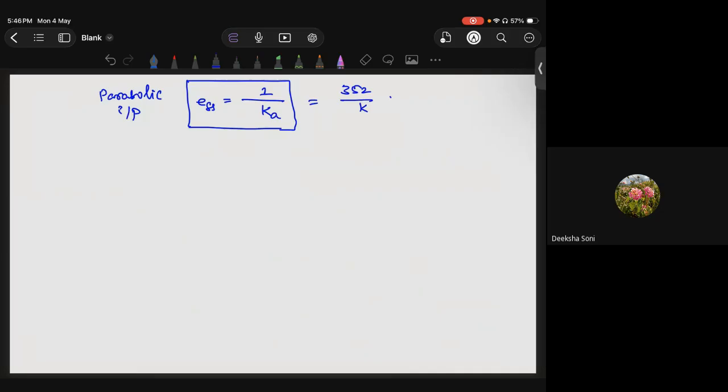Which is equivalent to ESS. ESS is given as 0.025, which leads to K equal to 14080.